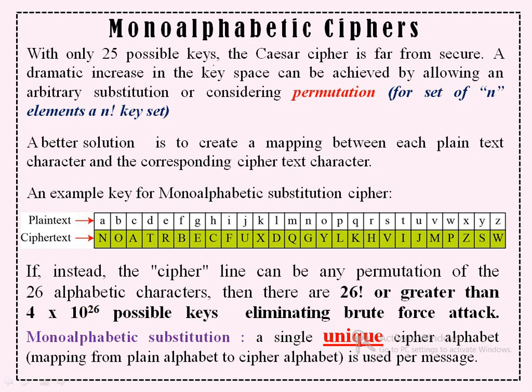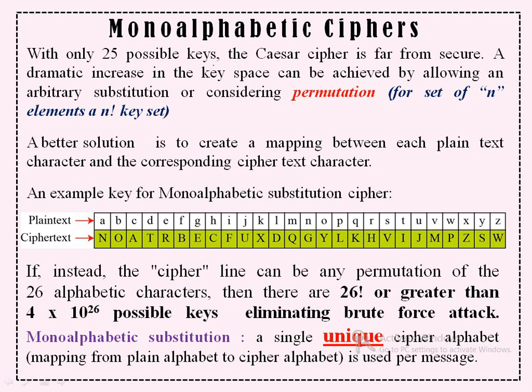Meaning that, for example, A is combined to N, B is combined to O, C is combined to A. If you see, there is no pattern to it. The only condition, if you see the last line mentioned over there, is that a single unique cipher alphabet is used per message. What does that mean?